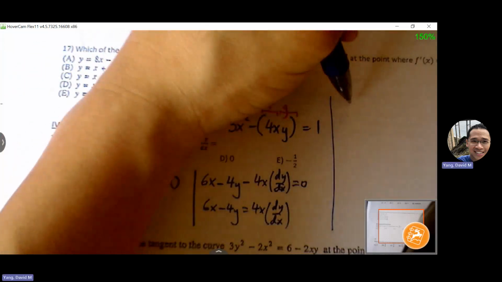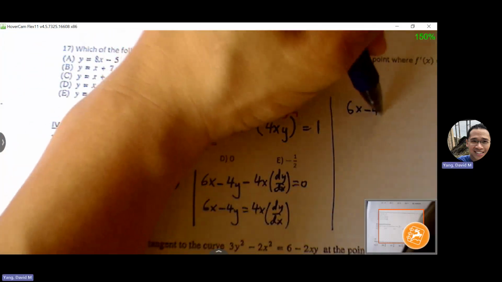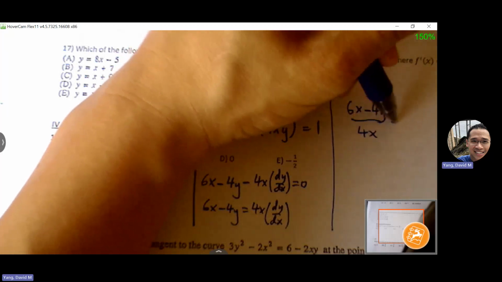Okay, so dy/dx is going to be 6x minus 4y all over 4x.